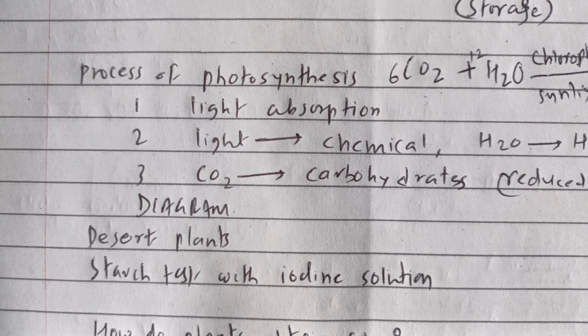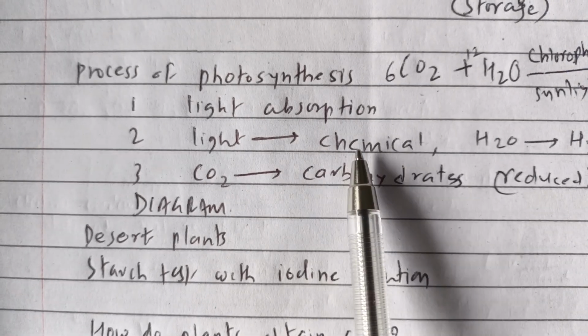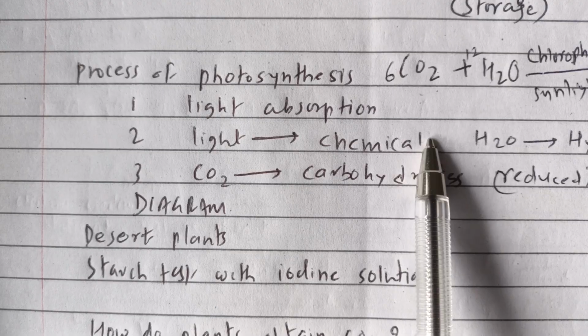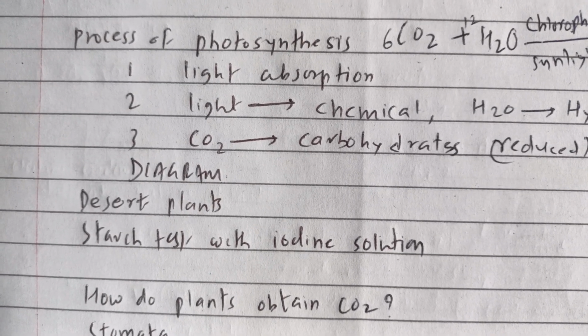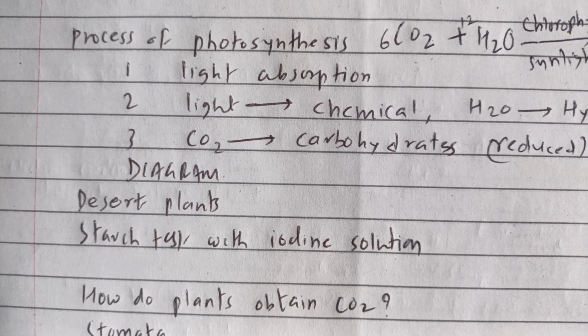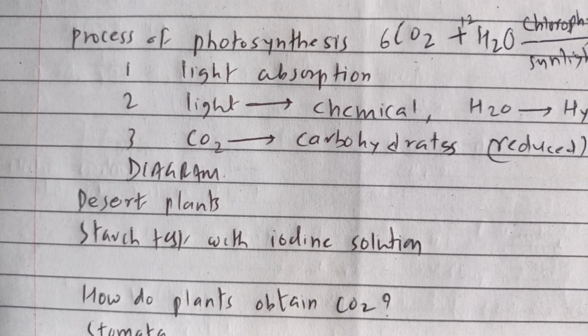So CO2 absorption takes place during night, and energy action after light absorption will take place during the day. So now let's see how each component of this reaction is necessary for photosynthesis.